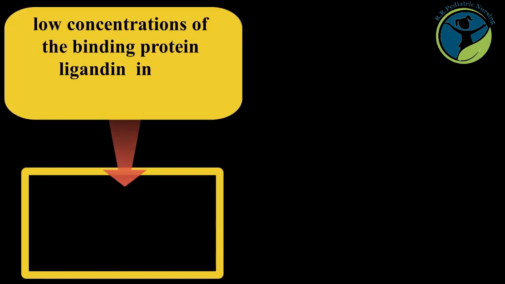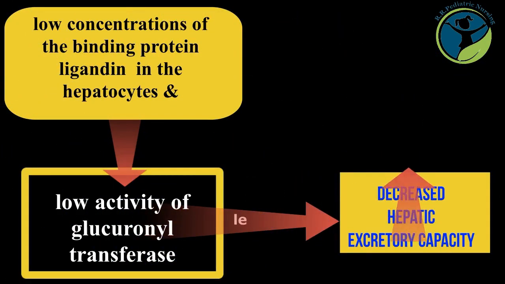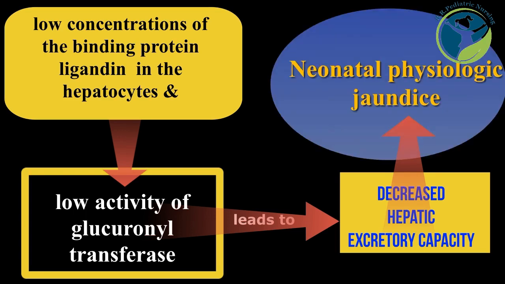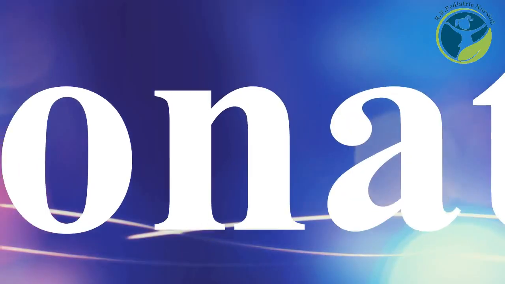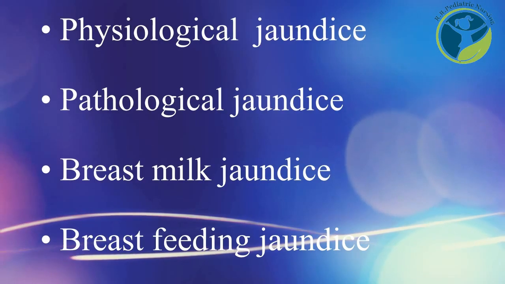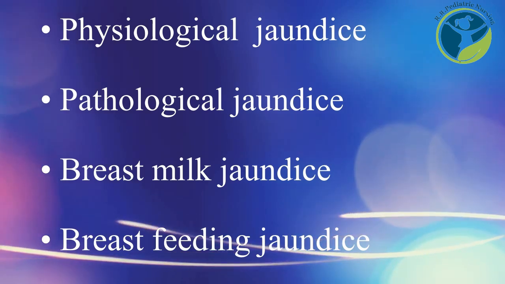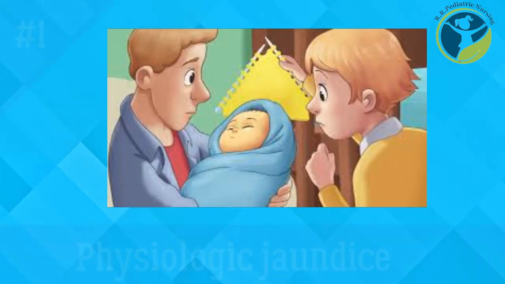Low concentrations of the binding protein ligandin in the hepatocytes and low activity of enzyme glucuronyltransferase. Leads to decreased hepatic excretory capacity. Types of jaundice: physiological jaundice, pathological jaundice, breast milk jaundice, breastfeeding jaundice.